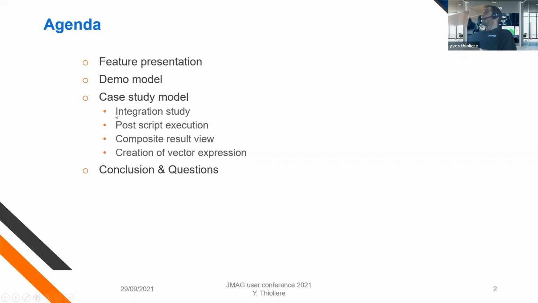It's a demo. I will show you the integration study, a coupling with the control. And I will take the opportunity to show you the PostScript execution, composite view results, and creation of vector expression, which are features from the previous version, but maybe also a bit new. And then I will conclude with some questions.